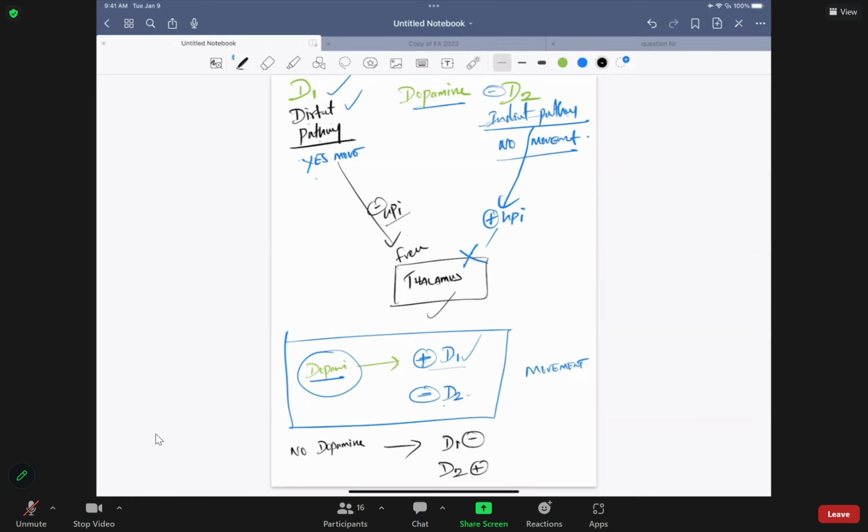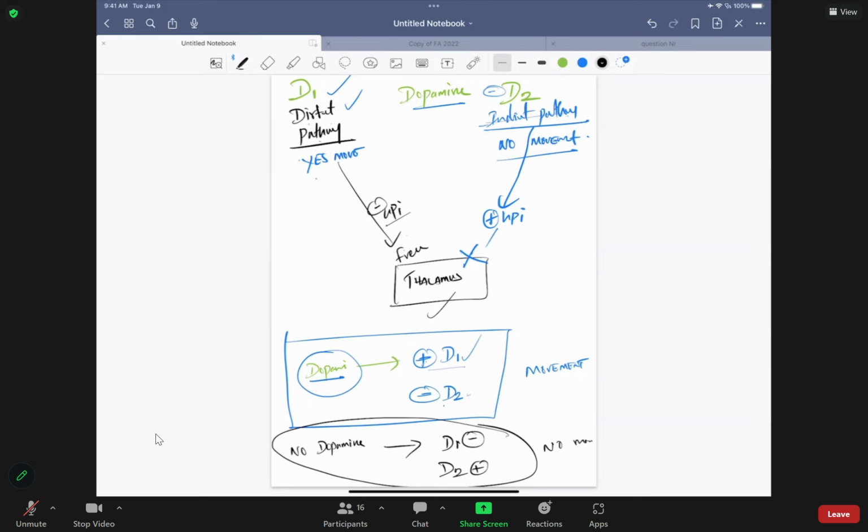So without dopamine, do you think it's easy to move around? That's your Parkinson's disease. This is literally the finding of Parkinson's disease. In Parkinson's disease, D1 is inhibited and D2 is stimulated, therefore no movement. Patients are stiff. Isn't it the problem with Parkinson's?